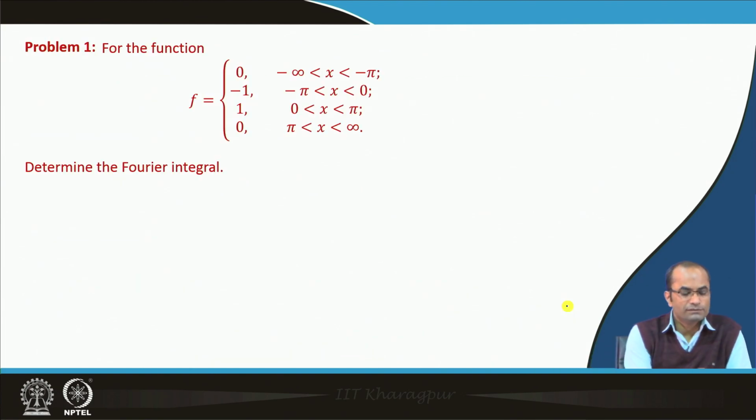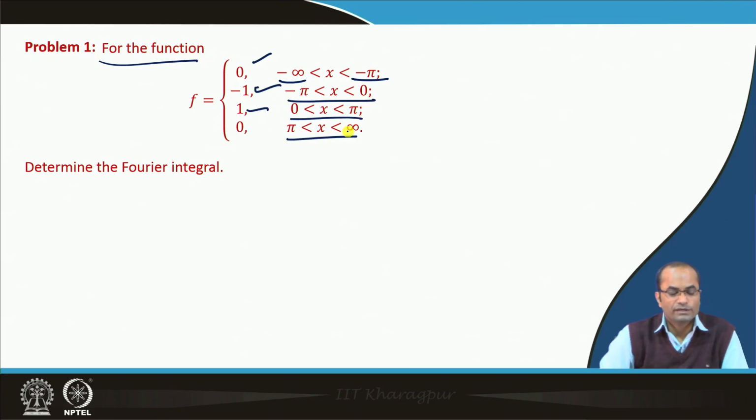Well, so we consider this problem now, that this function is defined as 0 in the range minus infinity to minus pi, then minus pi to 0 it is minus 1, 0 to pi it is 1, and then pi to infinity it is 0.